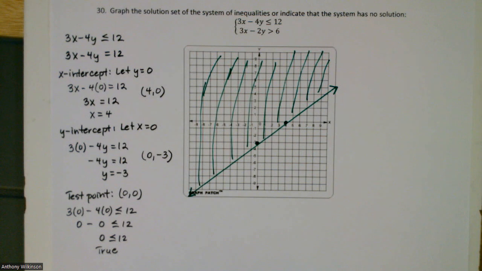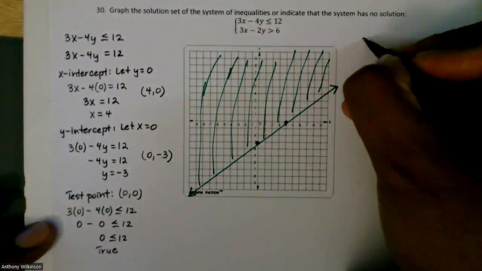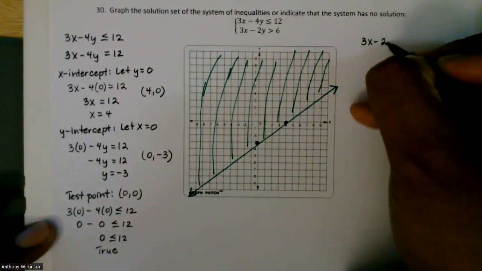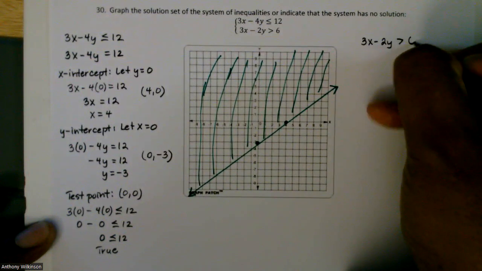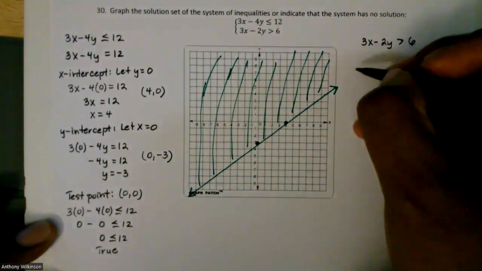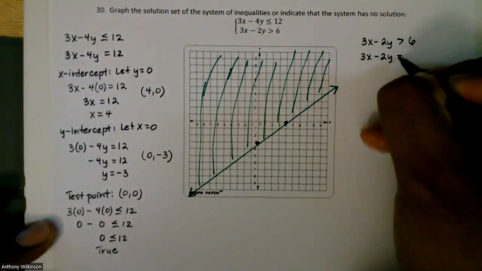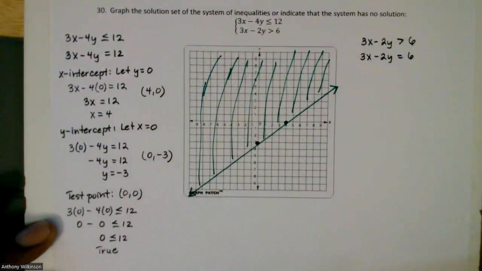All right. Now for the other inequality, 3x minus 2y is greater than 6. I'm going to graph this as if it was 3x minus 2y equals 6. And again, I'm going to use x and y intercepts.